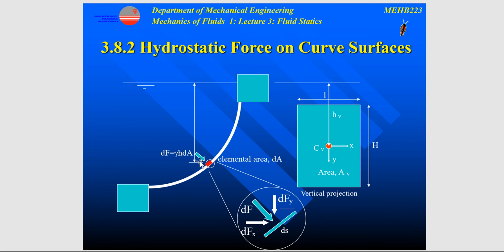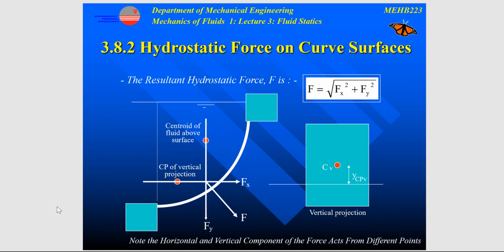If you resolve the force to x and y directions, you should get Fx and Fy like this. This F is the resultant hydrostatic force. Fx is the horizontal force, Fy is the vertical force.